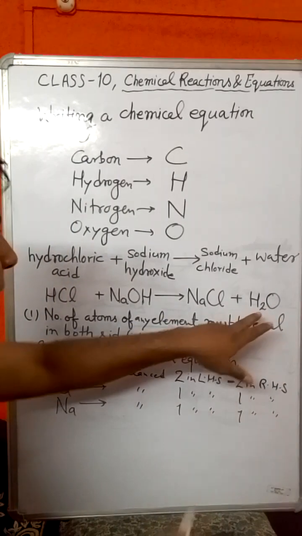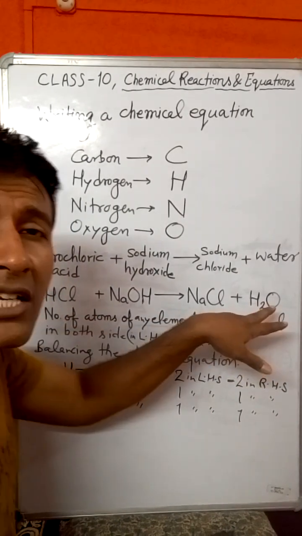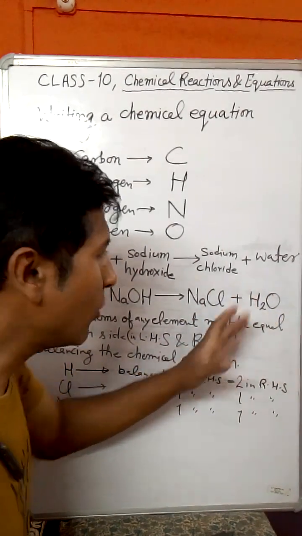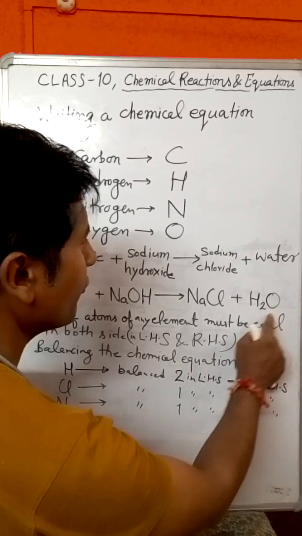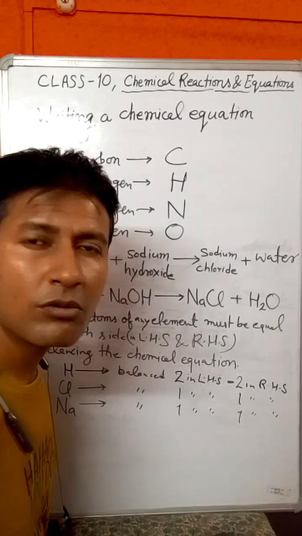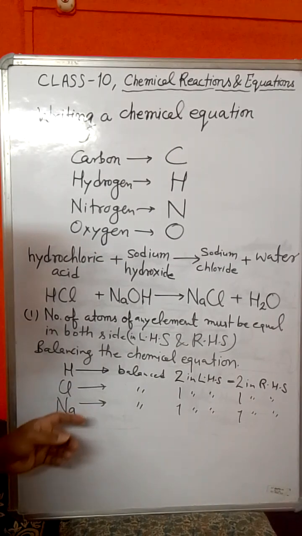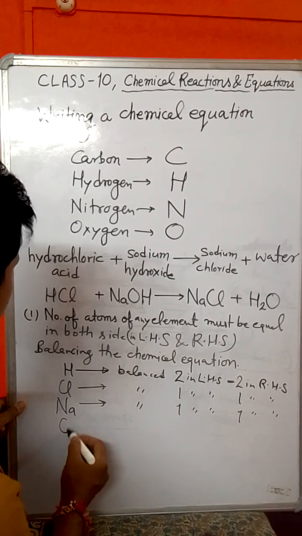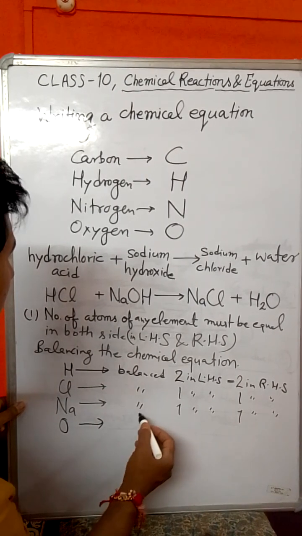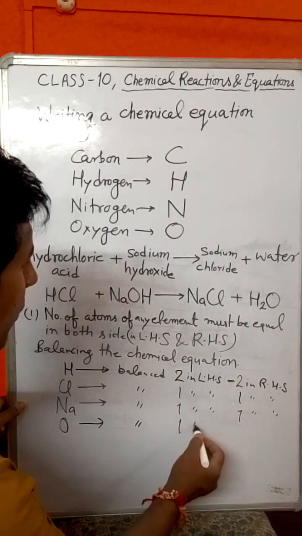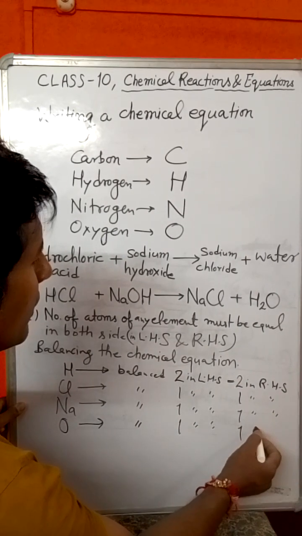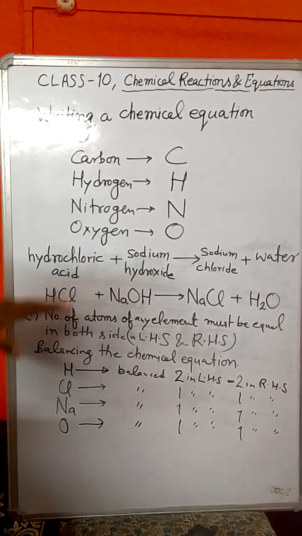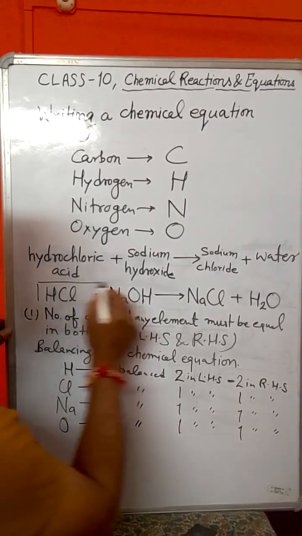Now look at H2O. H2O can never be written as simple H or simple HO, right? It's wrong. The formula of water is H2O. Okay. Now oxygen. Oxygen atom is balanced, one in LHS and one in RHS, right? So this reaction is a completely balanced reaction.